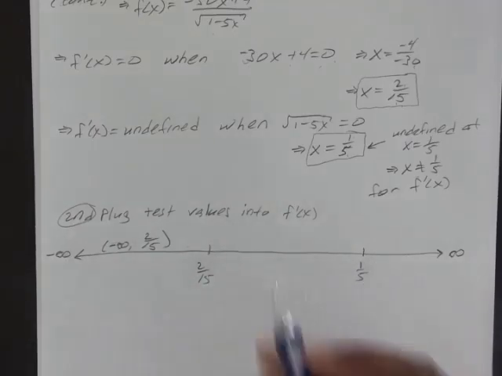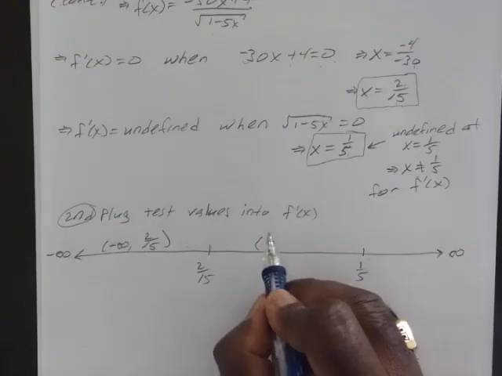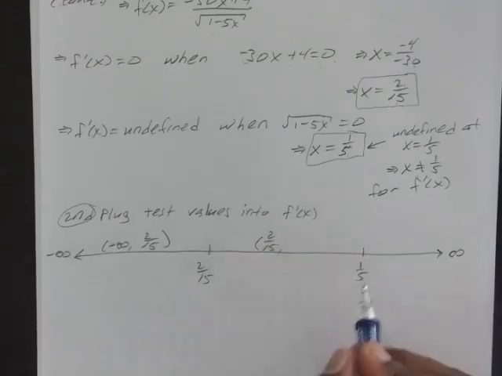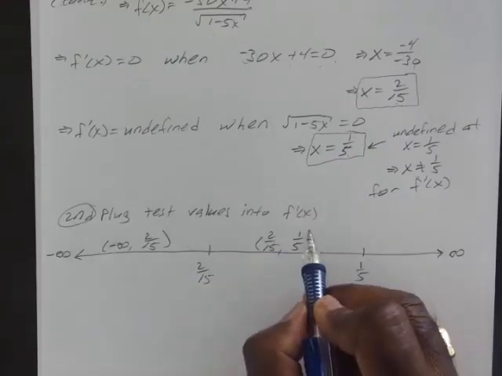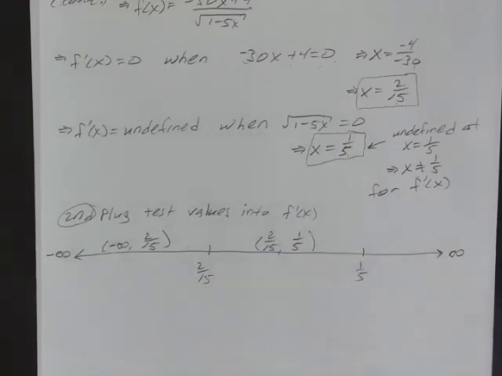And this interval here is from 2/15 to 1/5. And it can't equal 1/5, so we go ahead and put the parenthesis there.